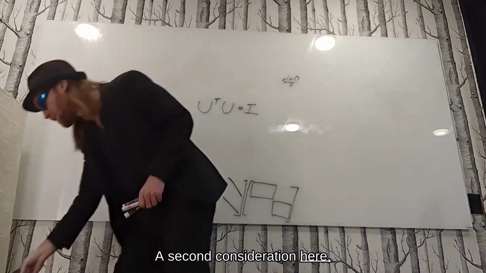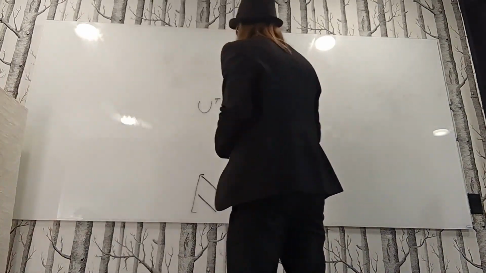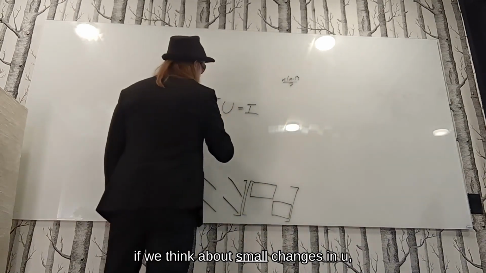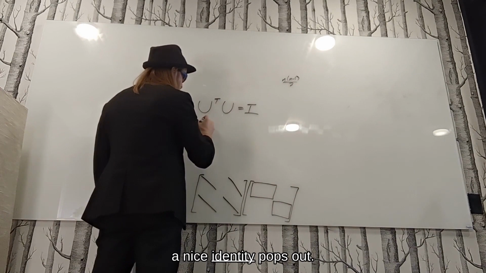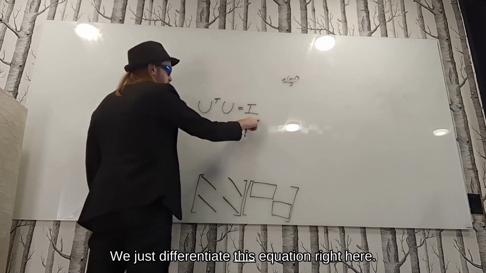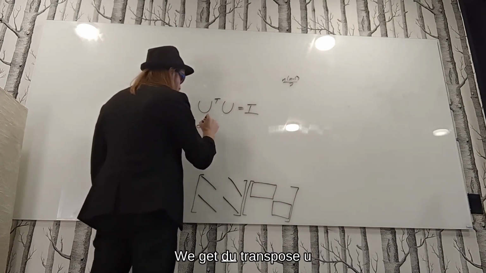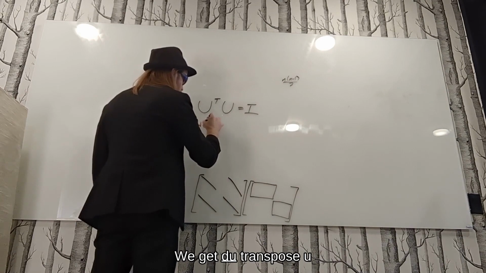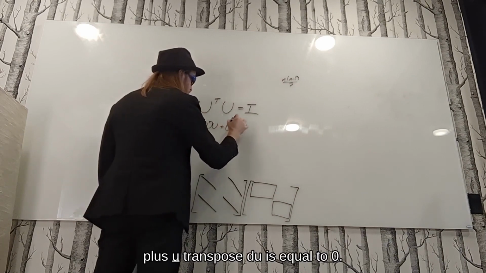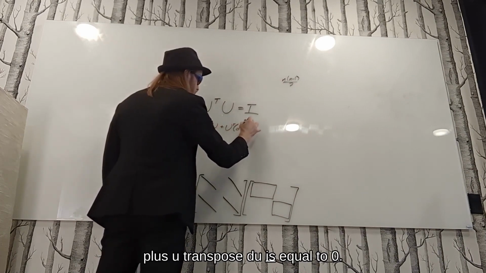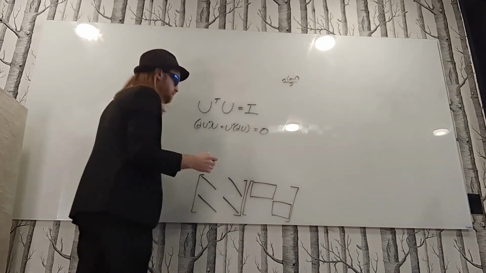A second consideration: if we think about small changes in U, a nice identity pops out. If we just differentiate this equation right here, we get dU transpose U plus U transpose dU is equal to 0.